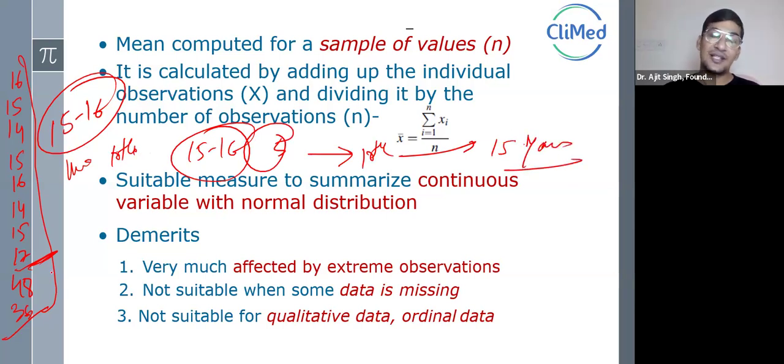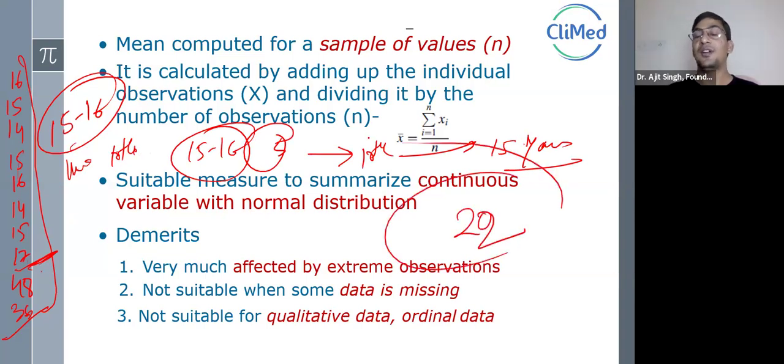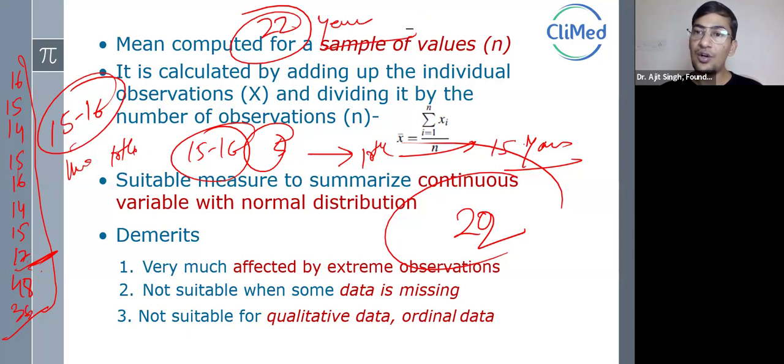But if you just add these values and divide by 10, it will be going somewhere around 22. If I now ask you the age of your class, you will say, sir, the age of my class is 22 years. I'll be bloody surprised. Oh my God, your 10th class is 22 years old.